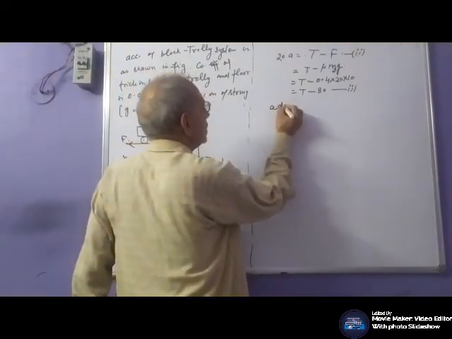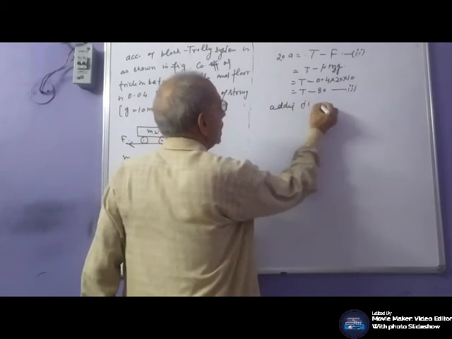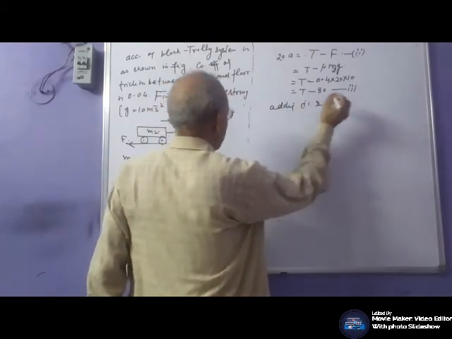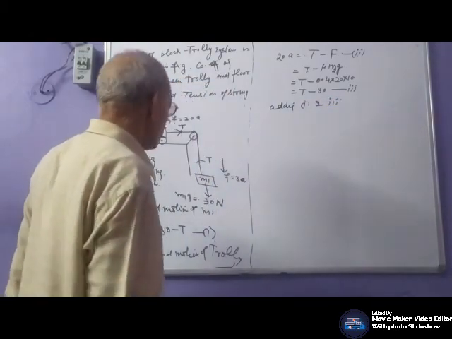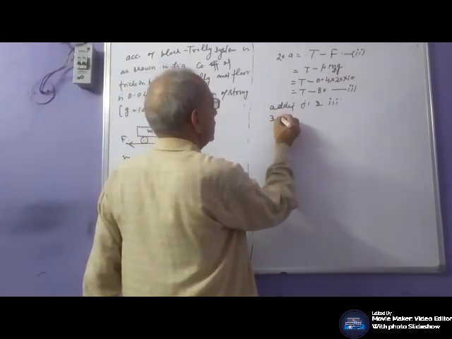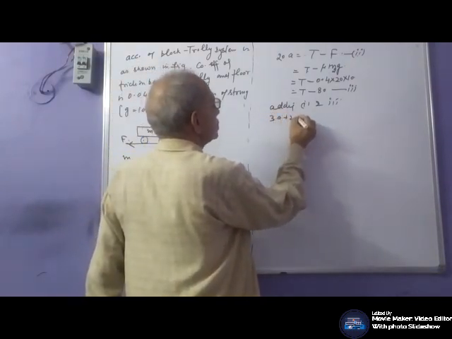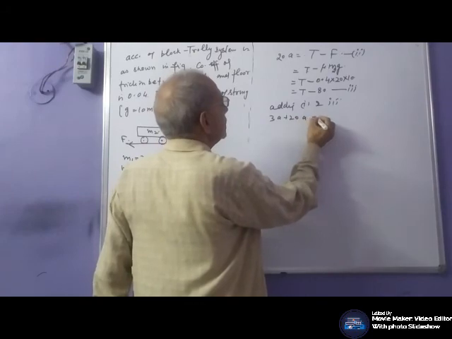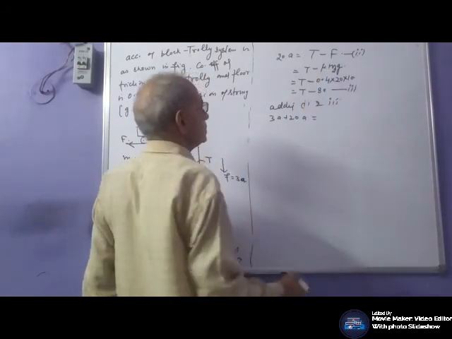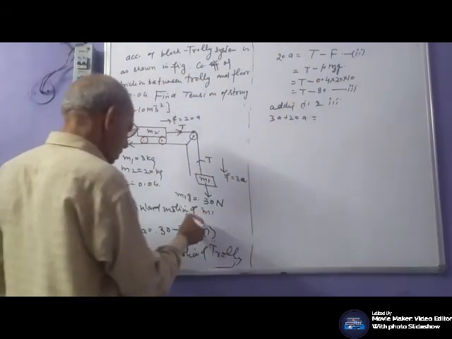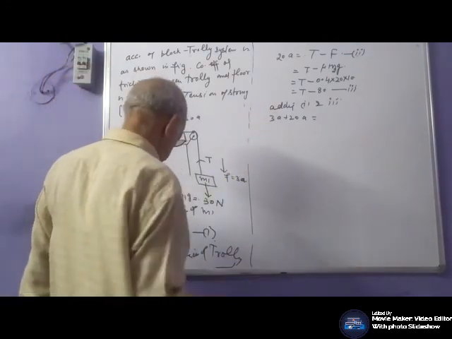Adding first and third. First is 3A, third is 20A. T goes with this T, this is minus, this is plus.